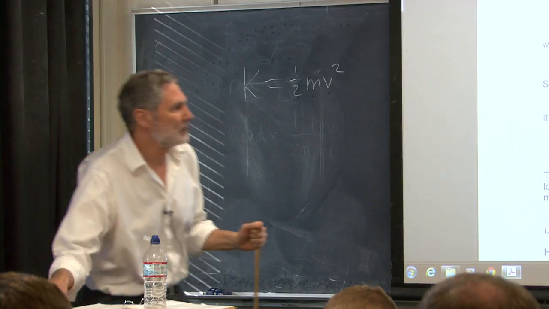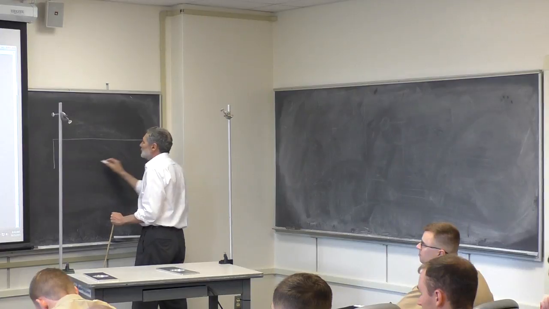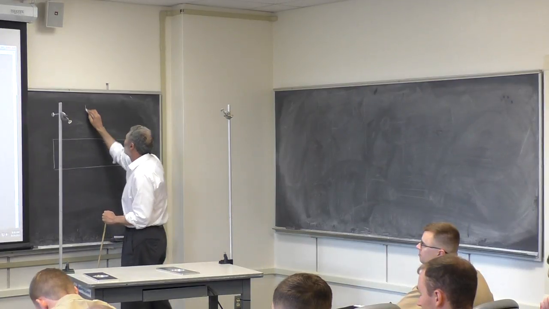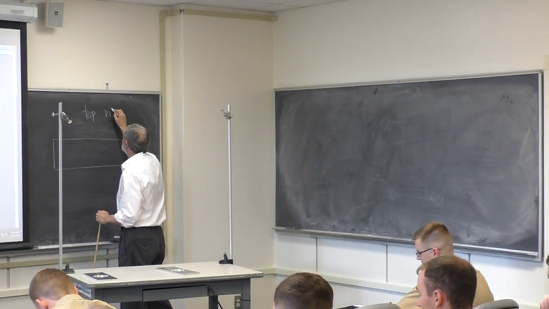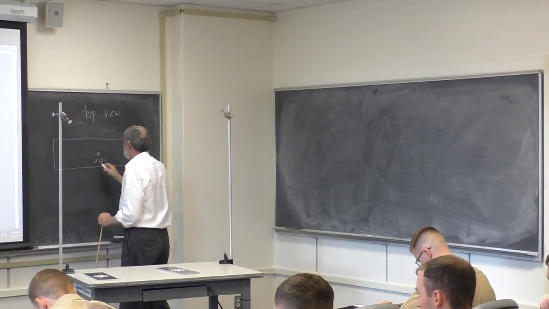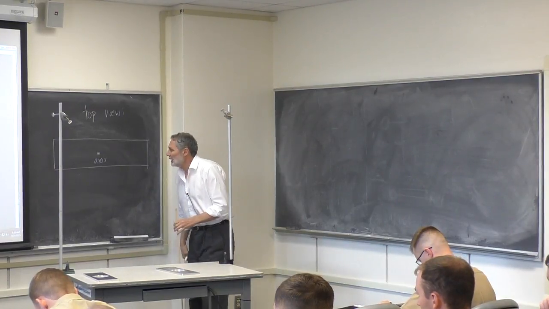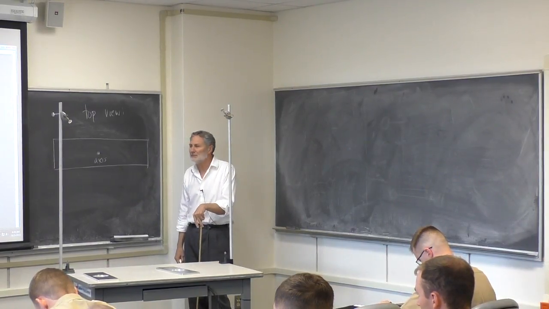Now, what if we had a thick rod? So here's the top view. Here's the axis coming out at you like this, right? And this is going to have some moment of inertia.